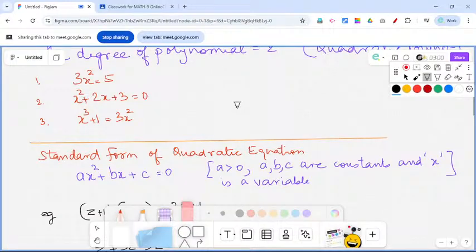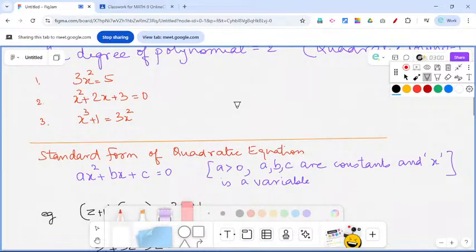We have to find the solution of quadratic equations, and for that we will be using two methods. One is the factor method and the other is using the quadratic formula. First, let us see the factor method.